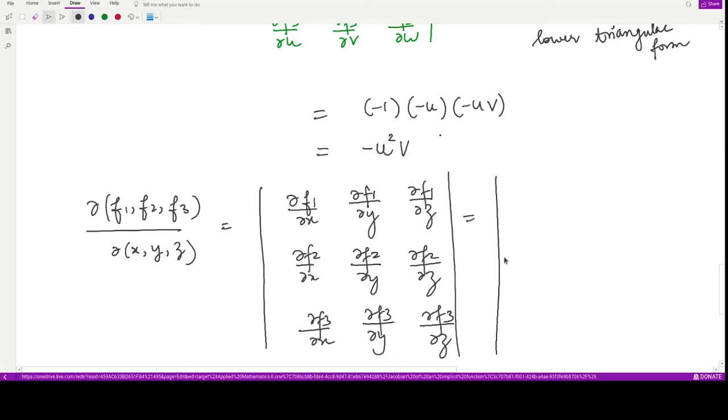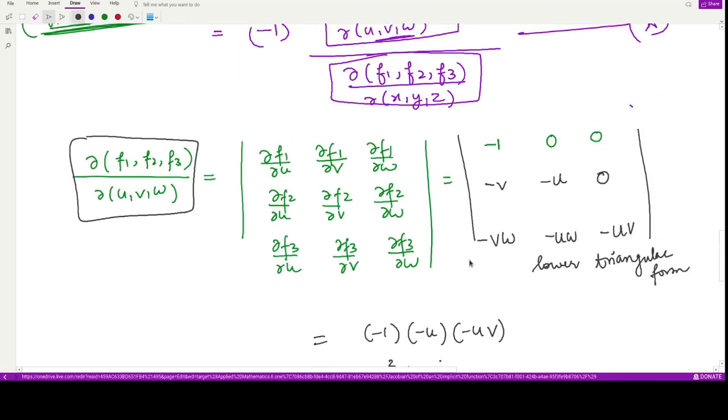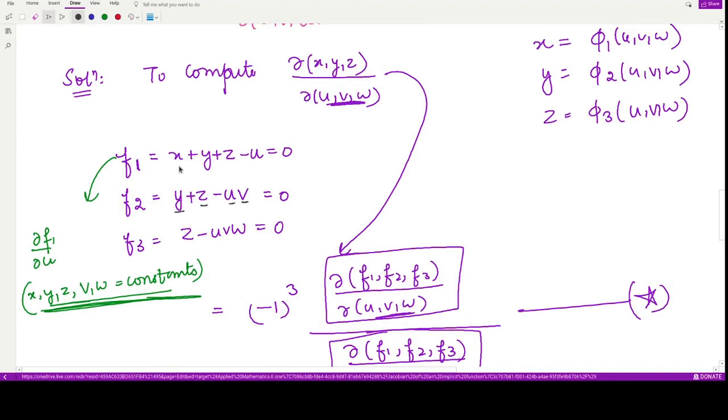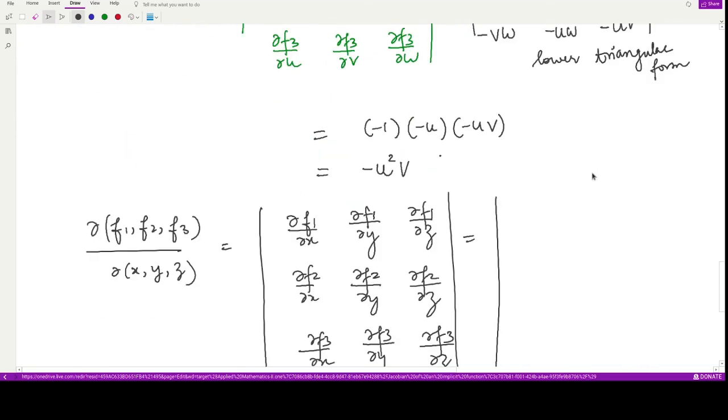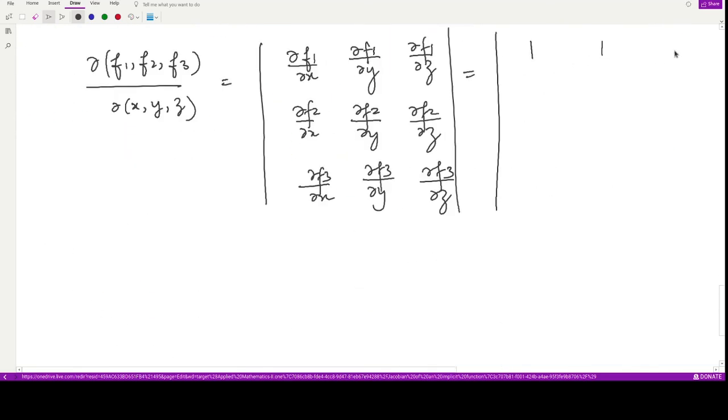So according to this formula, if you look at your function f1, f1 has x, y and z minus u. So when you compute del f1 by del x, that would be equal to 1, del f1 by del y would be equal to 1, and del f1 by del z would again be equal to 1. So let me substitute the values here: 1, 1 and 1.